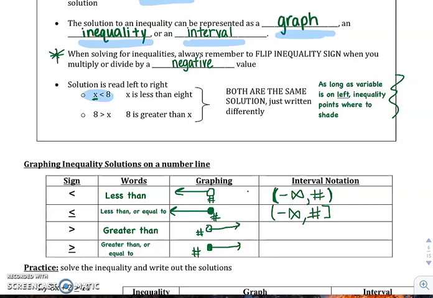Then for greater than, it's going the opposite direction forever, which is positive. In this case, your solution starts at the number and goes to positive infinity.